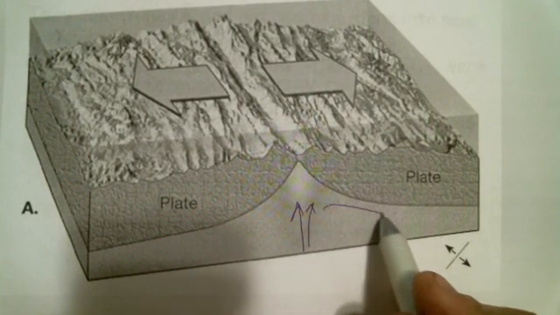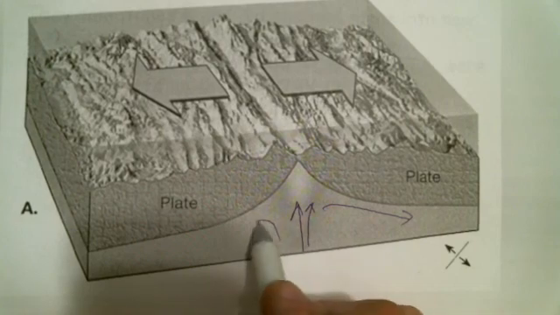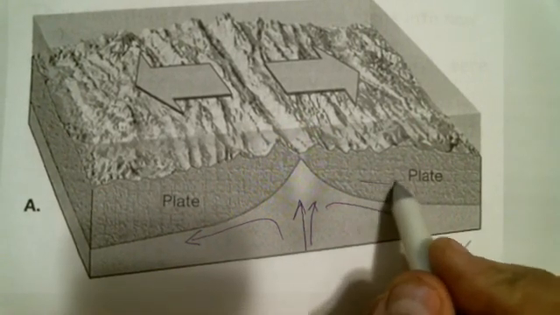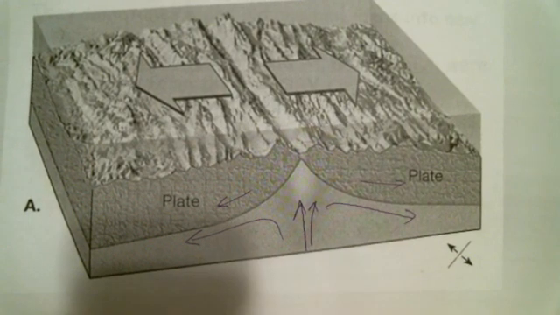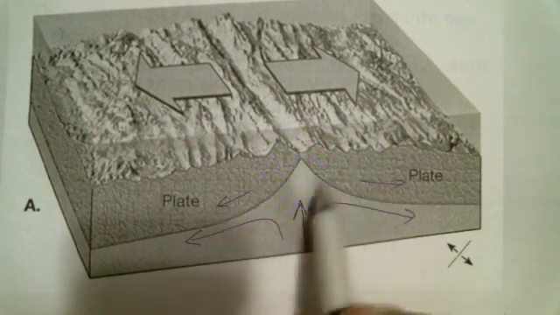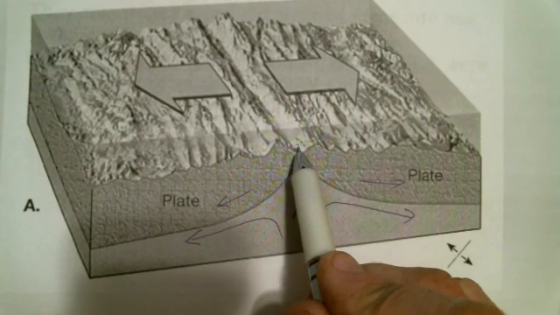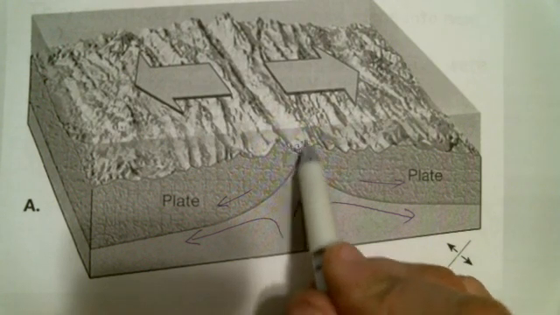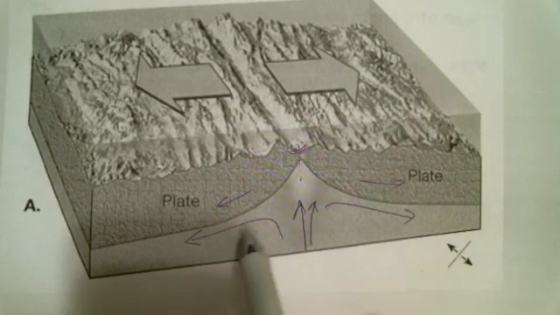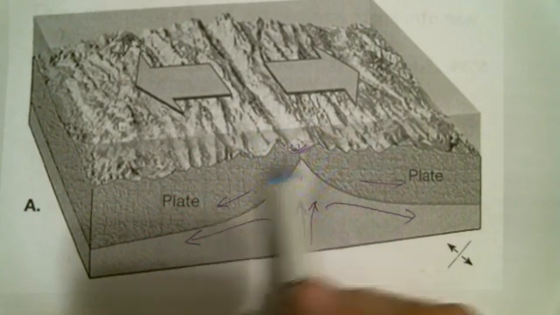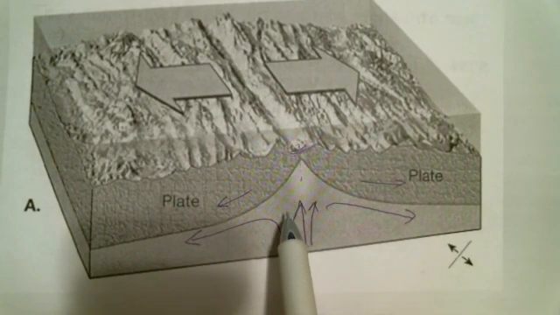And then the mantle convection currents move off to the side, which drags the plate away. And as the plates separate, some of the material from the mantle comes up and cools and forms more basalt right here and creates more oceanic plates. And so the plates are spreading and growing as time goes on.